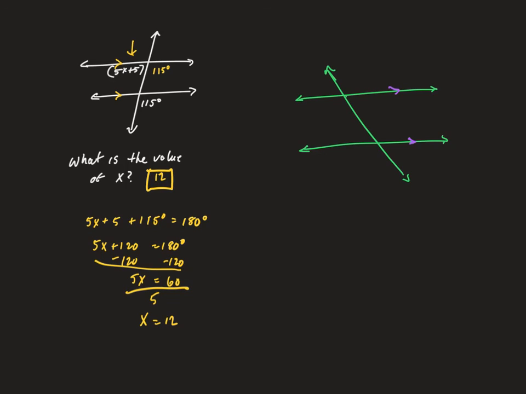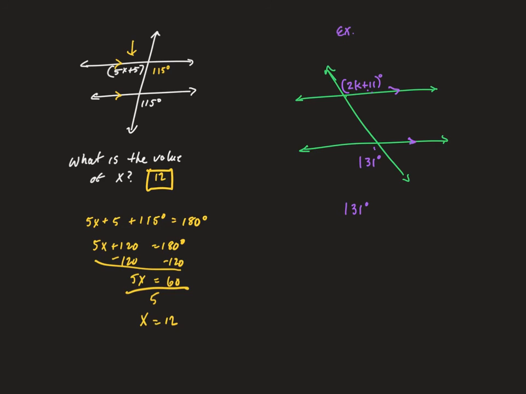All right, so here I have another possible example, right? I have two parallel lines cut by a transversal, and this angle is going to be equal to 2k plus 11 degrees. And then the opposite exterior angle is going to be 131 degrees. Well, if they are opposite exterior angles, then I know that they are supplementary.